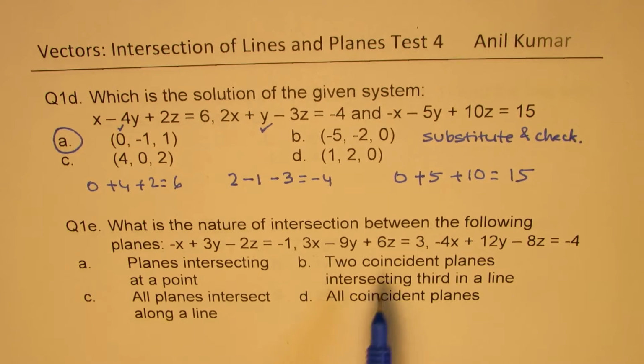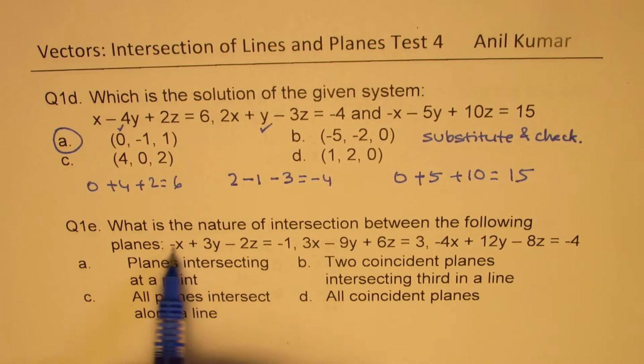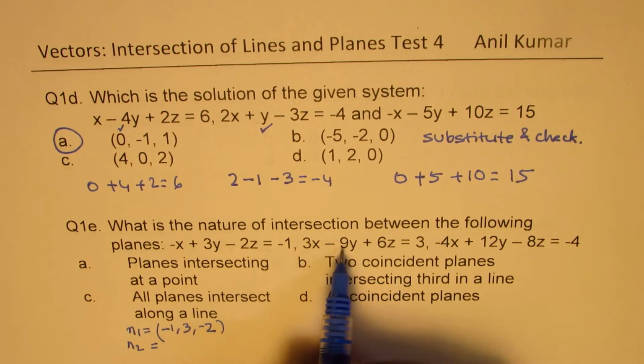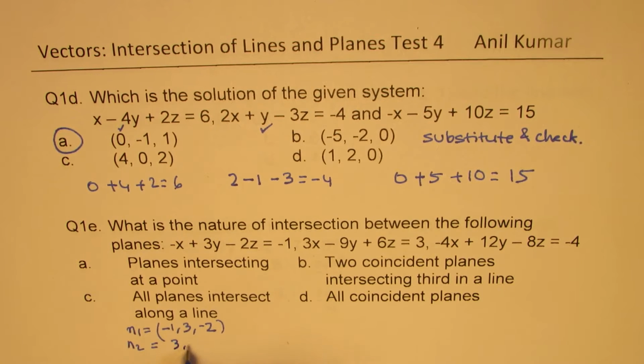So let's look into normals. So in the first one, n1 is equal to -1, 3, and -2, right? n2 is 3, -9, and 6. And n3 is what?